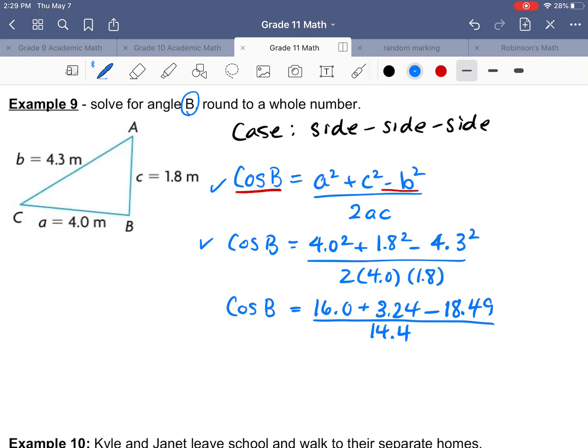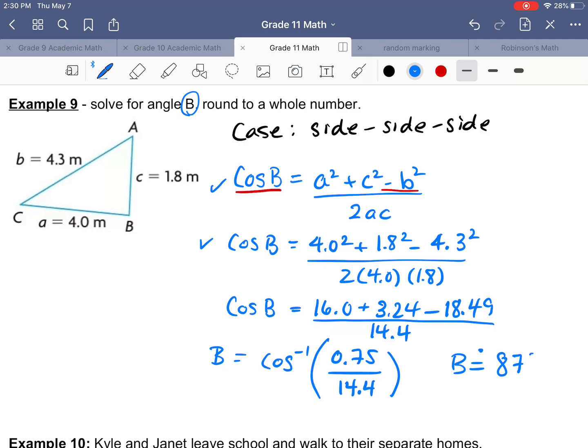So we need to simplify everything that's on top and solve for B. So what we're going to do is take the inverse cos, so we write it as cos to the negative 1, and now we're going to add everything on top together, or subtract. And when we do that, we get 0.75, and all of that is all over 14.4. Okay, and we're going to punch that into our calculator, and that's going to give us an angle B of approximately 87 degrees. So remember that we are rounding angles to the nearest whole number.